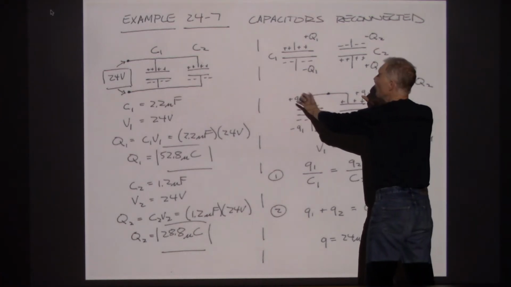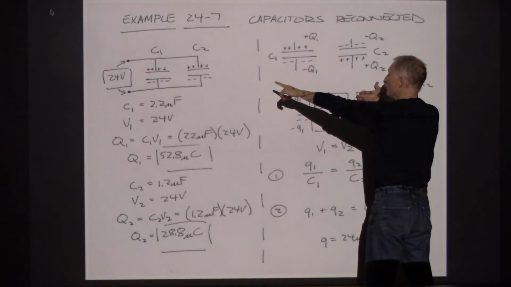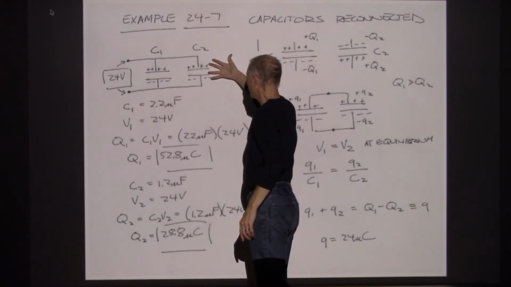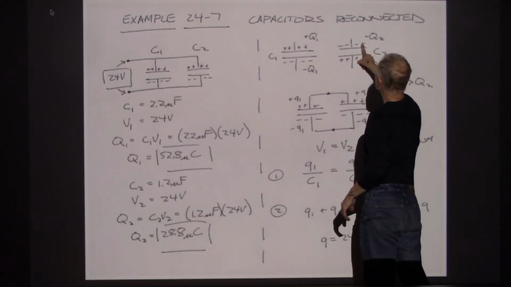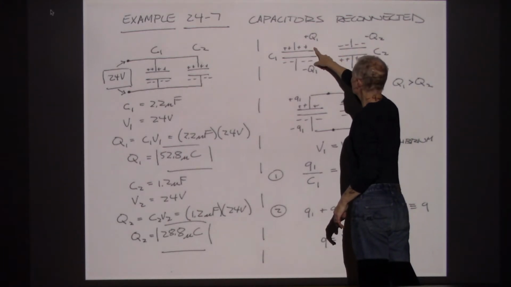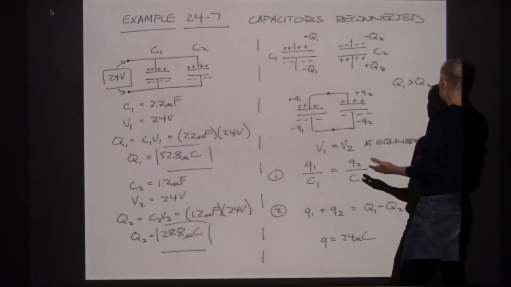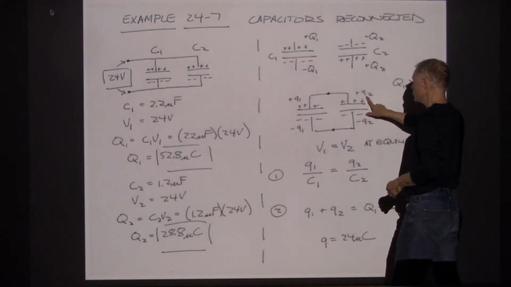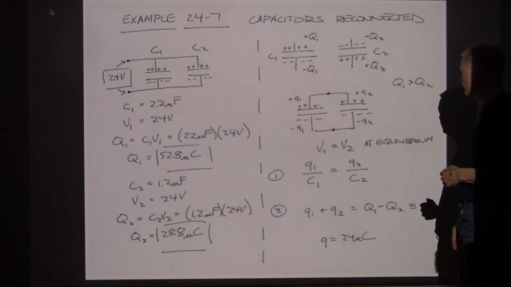So let's say that C1 is oriented the way it started out, but C2 has been reversed. So we took out C2, we flipped C2 over, so its plate here was negative, and then the negative plate from here will cancel out some of the positive charge here. So we're going to be left with some combination of charge, and that's going to be Q1 plus Q2. Now the same thing's happening on the negative plate, but with opposite signs.